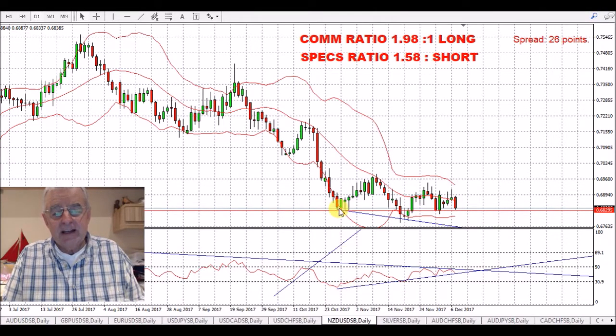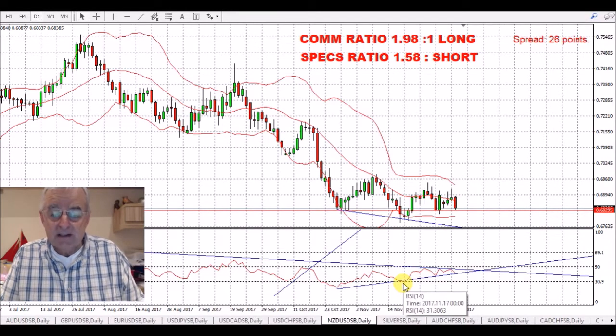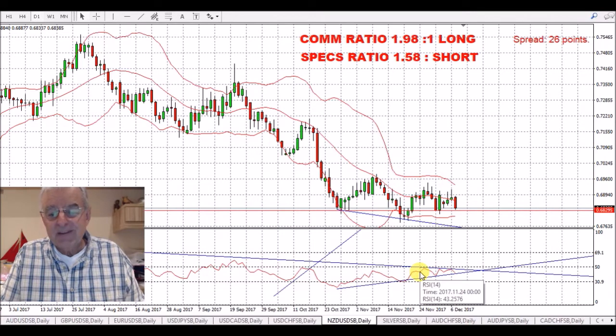We've got a divergence on the RSI where the candles have made a lower low across here, but the RSI has gone from a very negative position to just about the 30.9. So that is showing a sentiment to the upside.